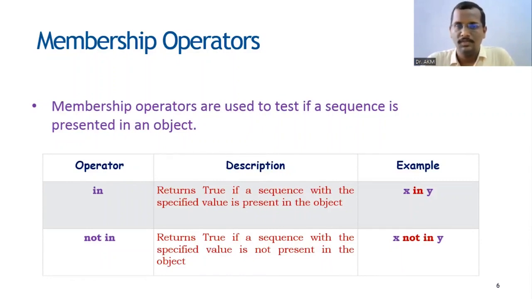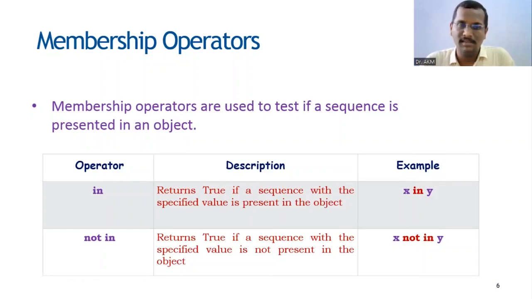Not in means it returns true only if the given value is not available in the specified sequence. If the mentioned value is available, then it returns false. That is the difference between in and not in.